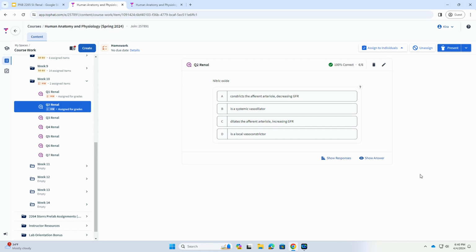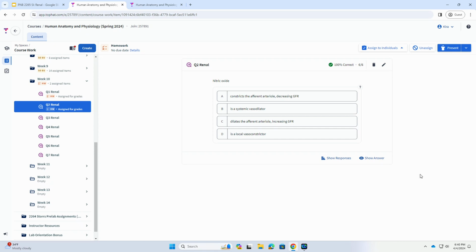If I asked about adenosine, that would be the correct answer. Systemic vasodilator: nitric oxide does vasodilate, but it only works on the afferent arteriole.